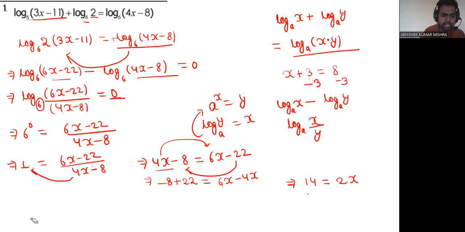You need to find x. x is in multiplication, so it will go into division directly. So why write divide by 2 on both sides? You can simply write 14 upon 2 and your answer is the same, that is 7. And that is my answer. So this is how you need to solve this question. I hope you understood how to solve this one.